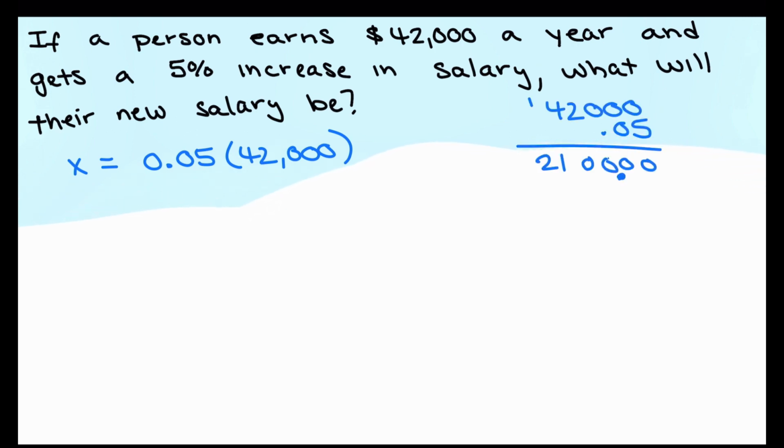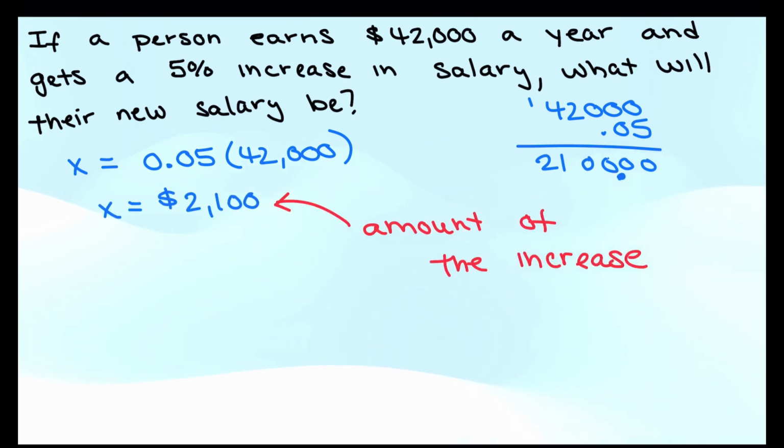And then 5 times 42,000, we get 0, 0, 0, 10. Carry the 1. 20 plus 1 is 21. There's 2 places after the decimal, so my product has 2 places after the decimal. That is $2,100. And this is not actually the final answer.